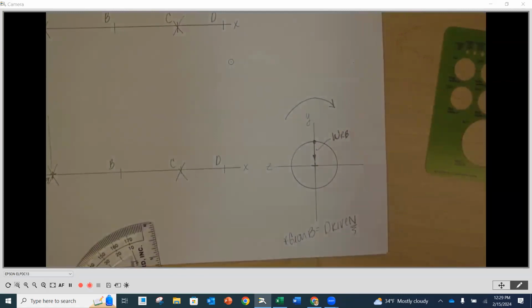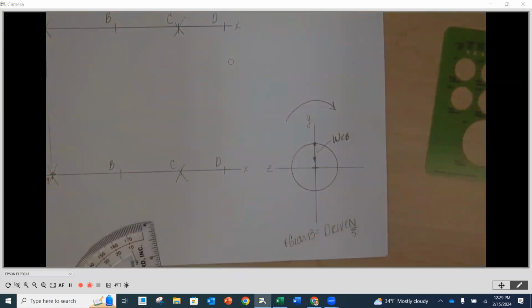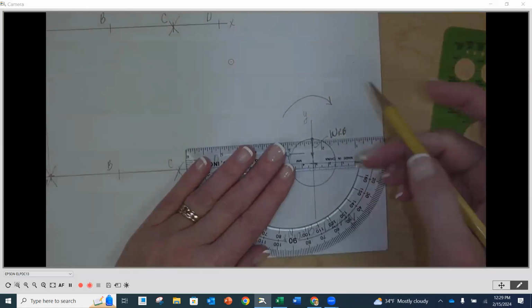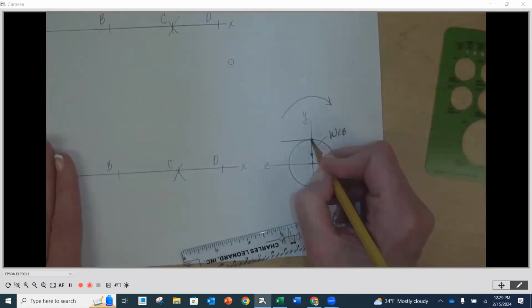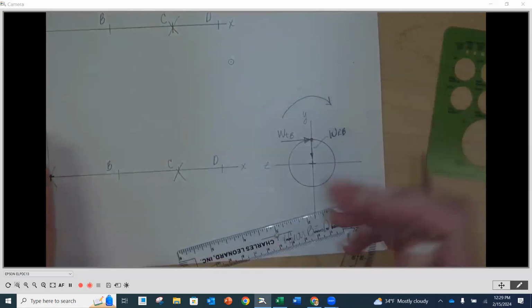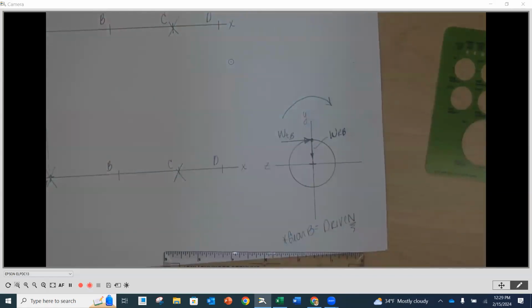Now, since gear B is driven, the tangential force is going to be perpendicular to the radial, and it's going to go in the direction of rotation, okay? So since this is going clockwise, then my tangential force is going to go like this, just like that. WT at B. That's it. If it is a driver, it would go in the opposite direction as we talked about the last time, okay?